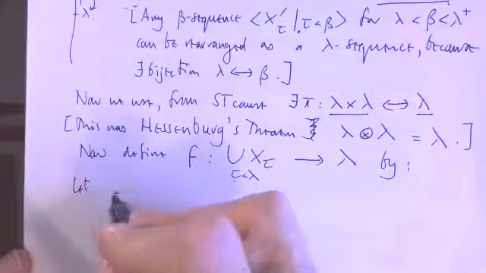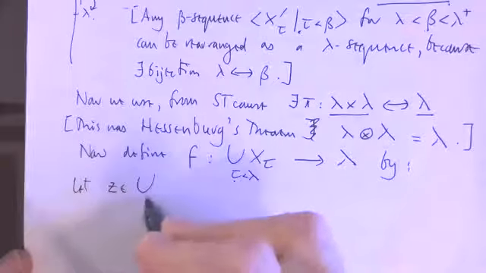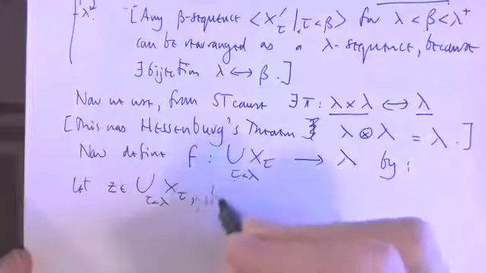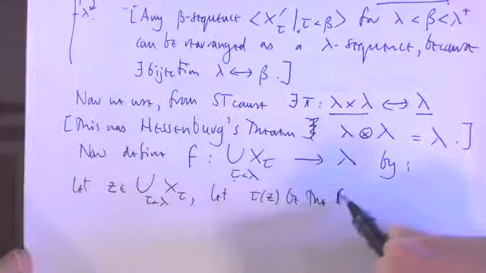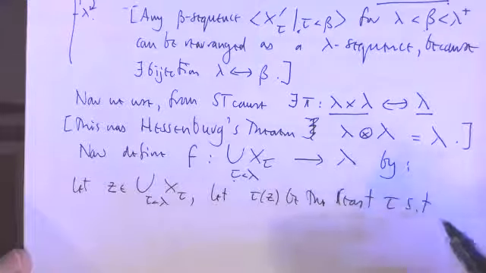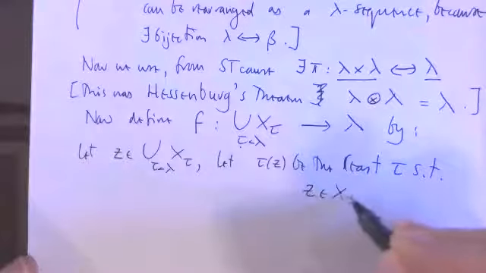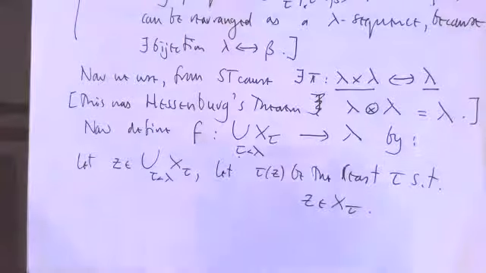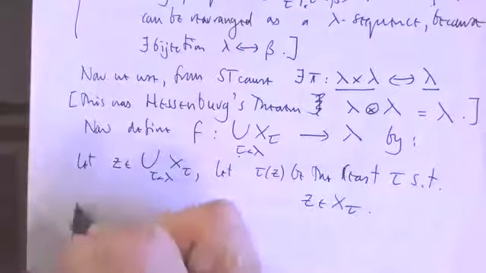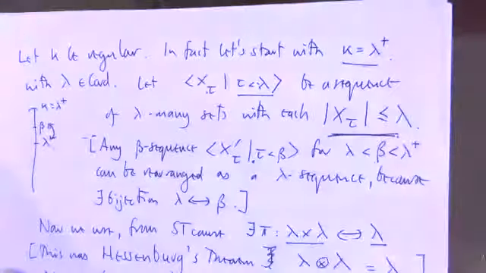So let's take some z here in this union. Let tor of z be the least tor such that z is in x tor. Yeah, it may be in many x tors, but there's a first one. And now each of the x tors has got size less than or equal to lambda.